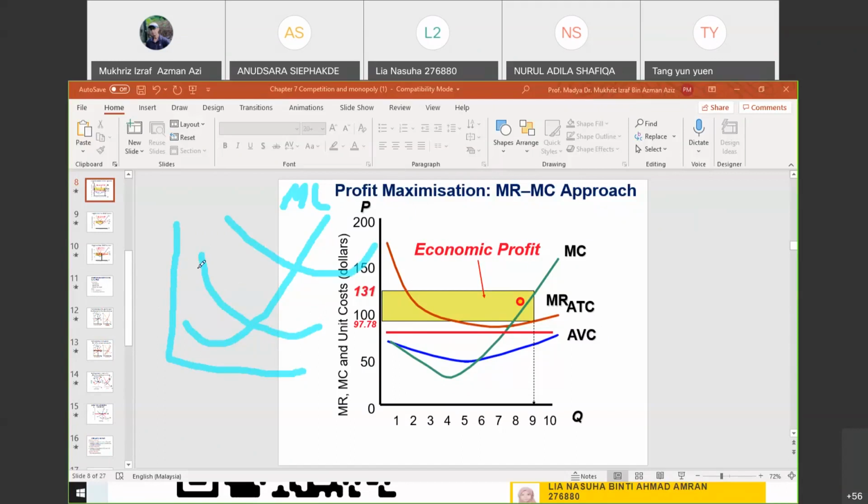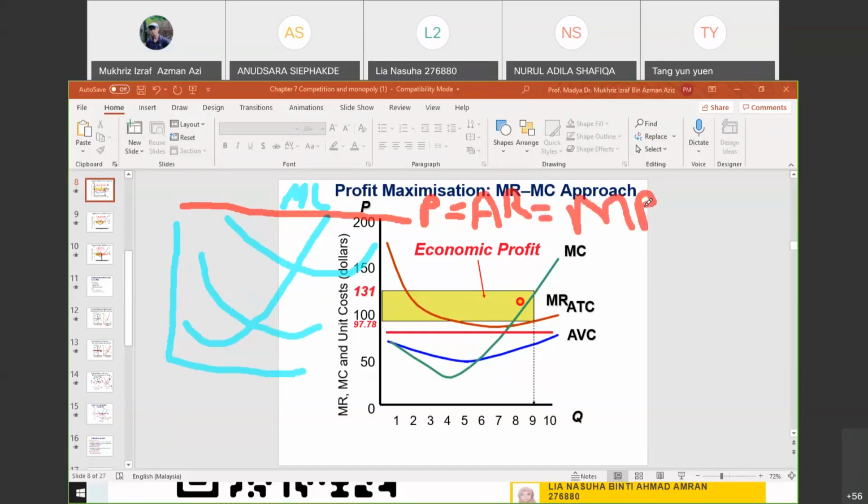For example, if you want to show that the firm is making profit, the price will be above the average cost. So if the price is above the average cost and average variable cost, then the firm is making profit. We also know that in perfect competition, when you draw the price line, you put P equals not only price, but also equals average revenue, also equals marginal revenue.